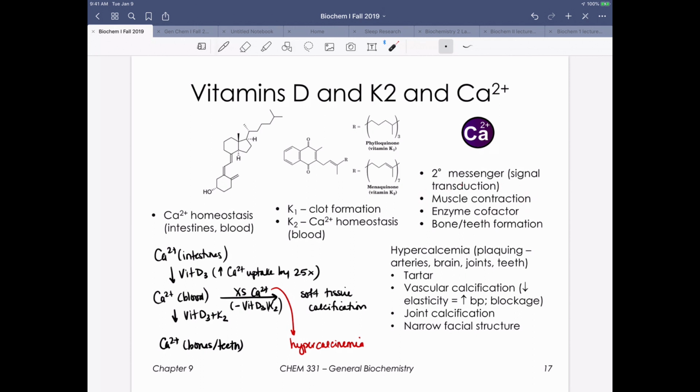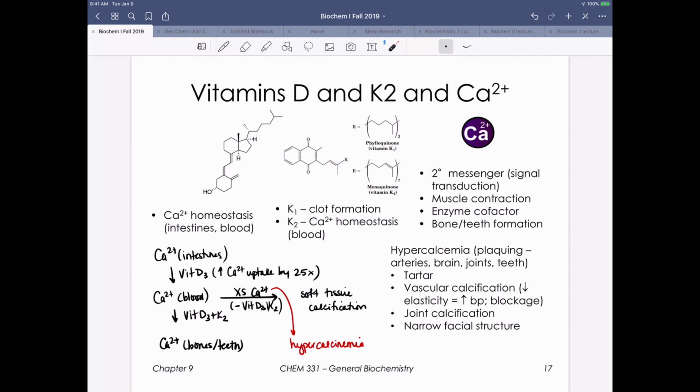Muscle contraction is reliant upon calcium signals. Certain enzymes utilize calcium for structure and or catalytic function. But one of the things that you probably already know about calcium is it's important for mineralization of bones and teeth.